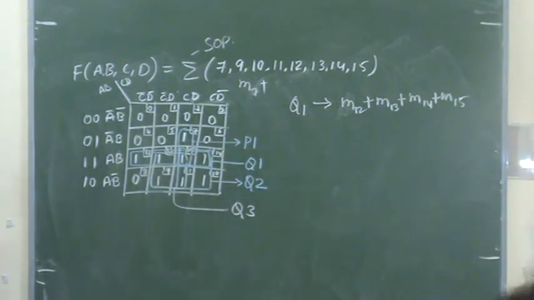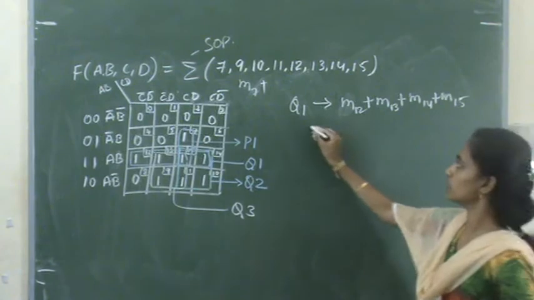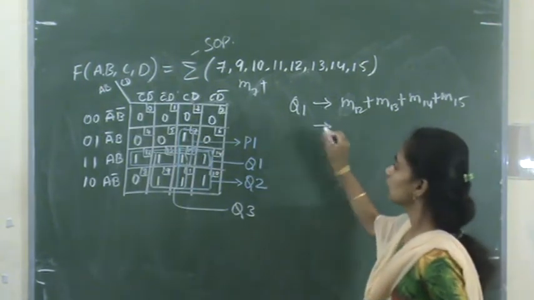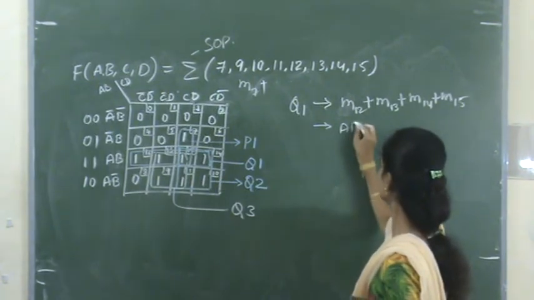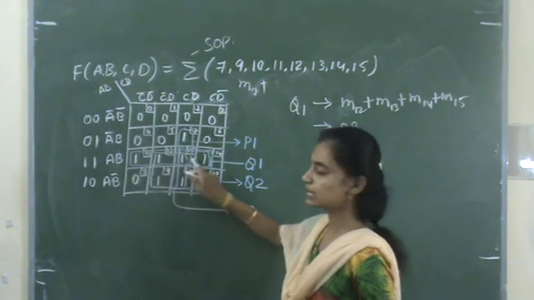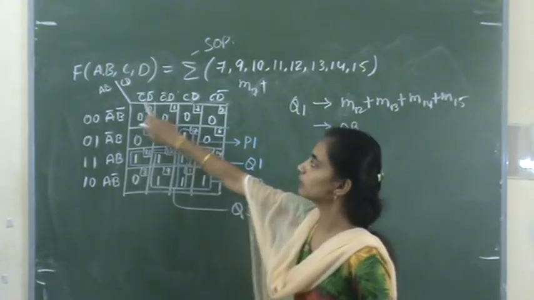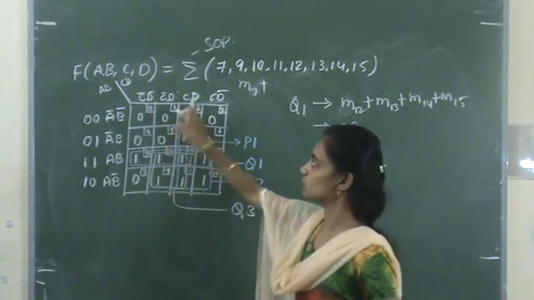These are the quad values, right? In this expression we have AB as a common factor for all these 4 ones. After that we have these values, and we know that these values will be cancelled.